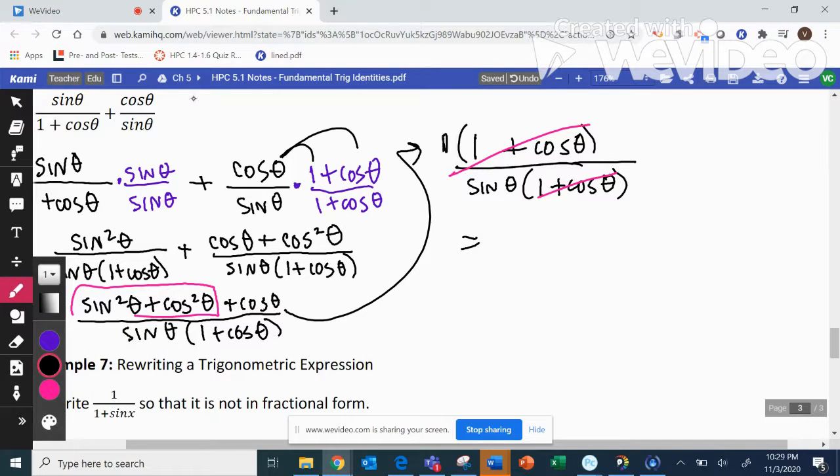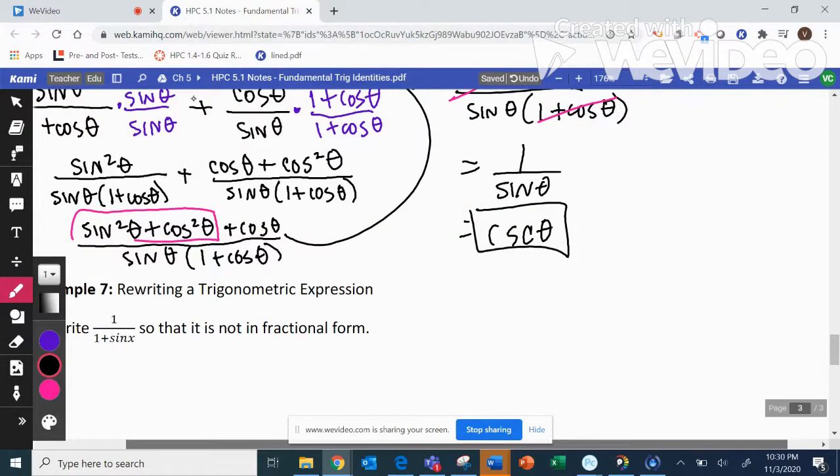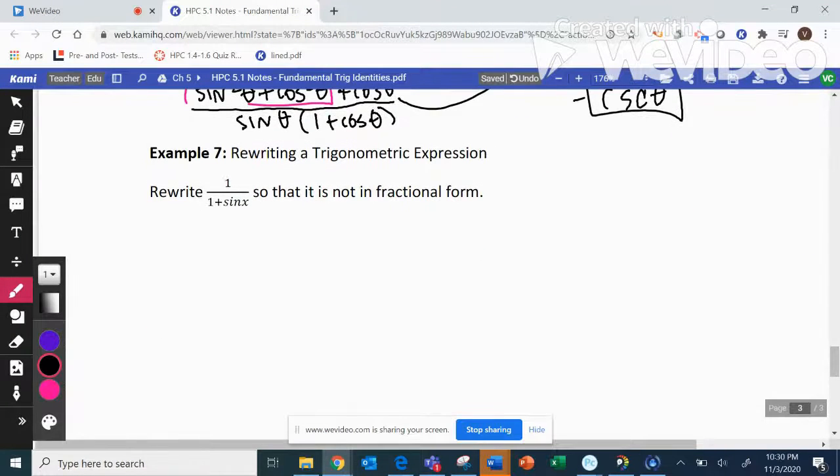And I still have a 1 up top, over sine theta, which is cosecant theta. Again, these are things that are not going to just come naturally until you've practiced it a lot. So if it's hard at first, you just got to be patient. You got to keep trying things and ask me questions.